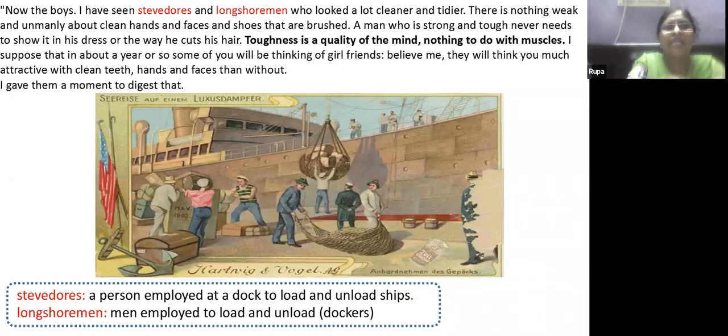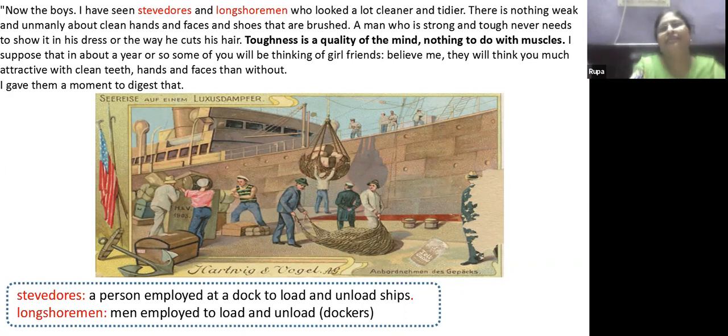He told them that those workers who were loading and unloading the cargo were looking very, very clean. They were better. They looked neat when compared to these boys in the school.